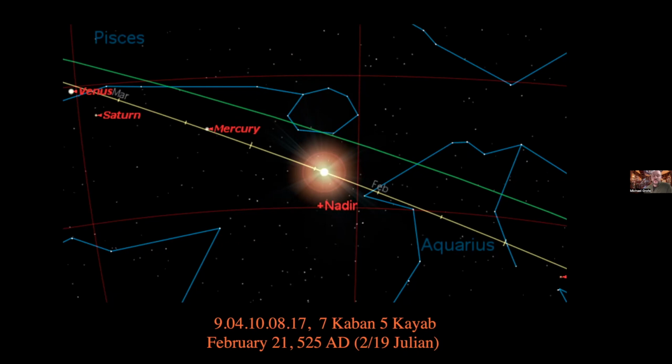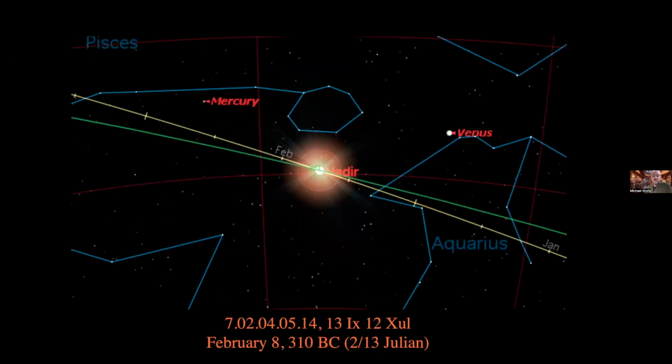But when we look at these two dates in Naranjo Altar I, we look at February 21st, 525, and then we count backwards the stated distance number to February 8th, 310 BC, which is very interesting because this hits what I call the canonical nadir on February 8th, which is a repeated date that you see throughout the inscriptions, including in the Dresden Venus table and a number of other places.